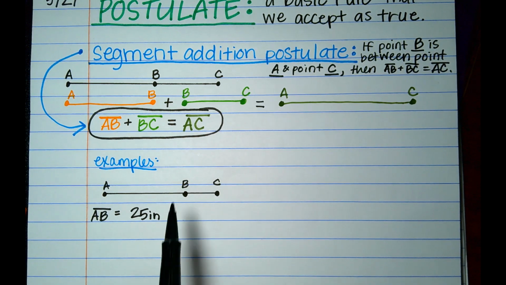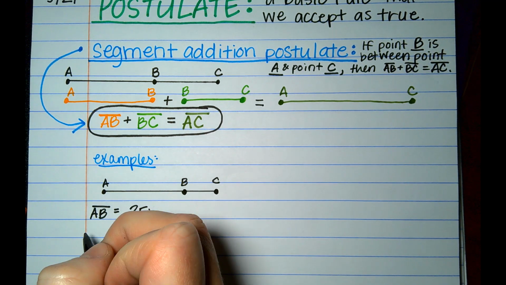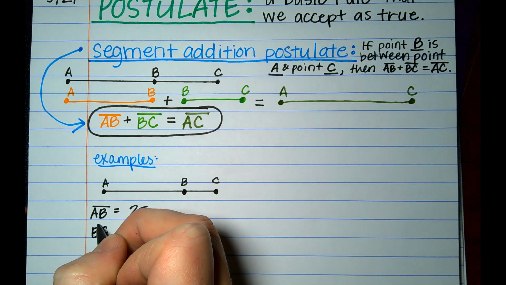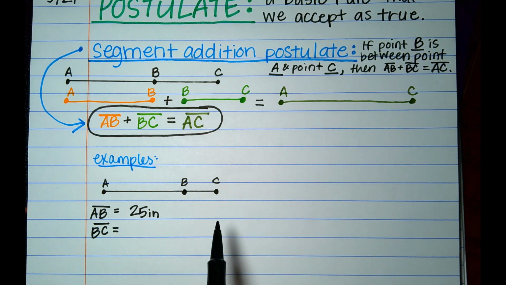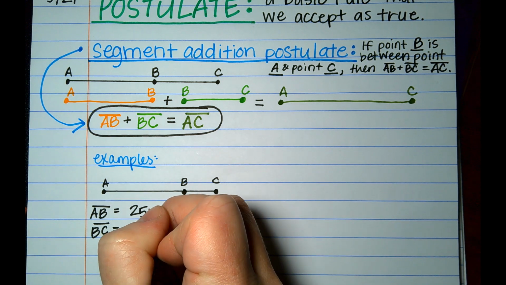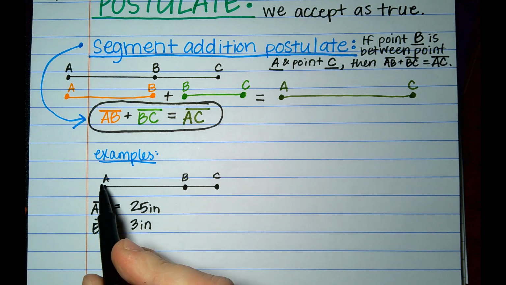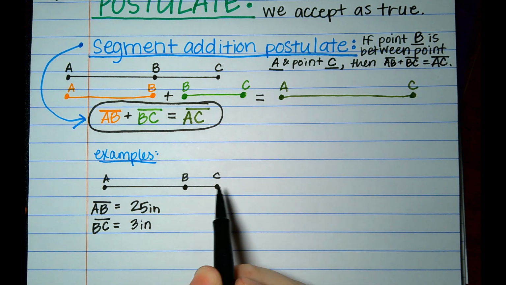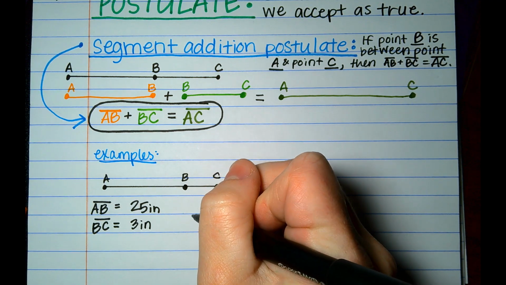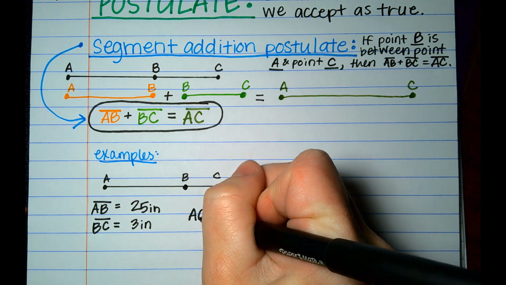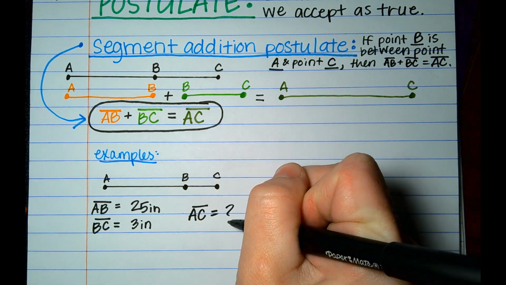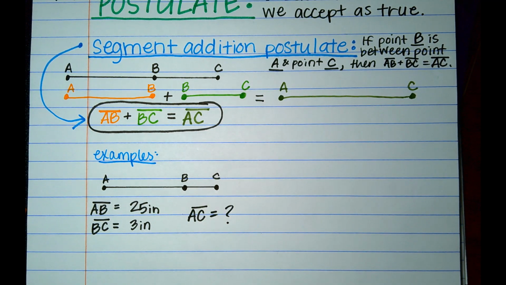From B to C, half an inch, that'd be crazy. What if we go with like 3 inches? Is that okay? We're gonna do super simple as our first example. So A to B is 25 inches. B to C is 3 inches. Can you find the measure of A to C? 28 inches. Yeah, you just add. That's it.